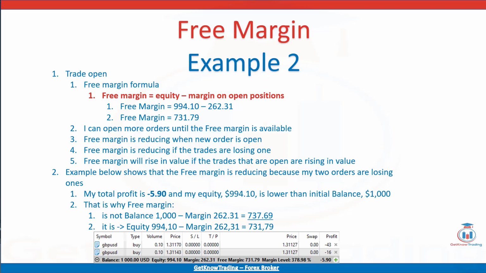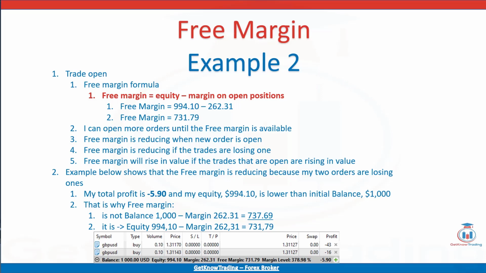In the example here, you can see how free margin reduces when trades are losing ones. I have orders that together are in minus by 5.90 US dollars. If the trades are at zero, meaning there is no loss or profit, the free margin will be equal to equity, that would be 1000, minus margin that is set aside, and that would be 737.69.